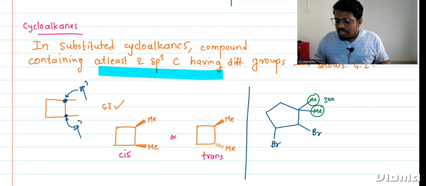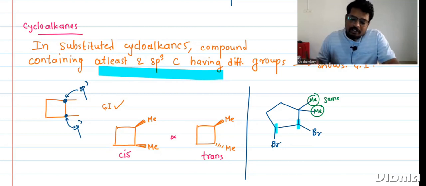Methyl groups are the same, so at this carbon, no geometrical isomer. Now check the next carbon. In the next carbon, one bromine is attached, one hydrogen, and two different groups. Similarly, this sp3 carbon also has four different groups. So around these two sp3 carbons, geometrical isomers are possible. Cis and trans isomers are possible for this compound, right?